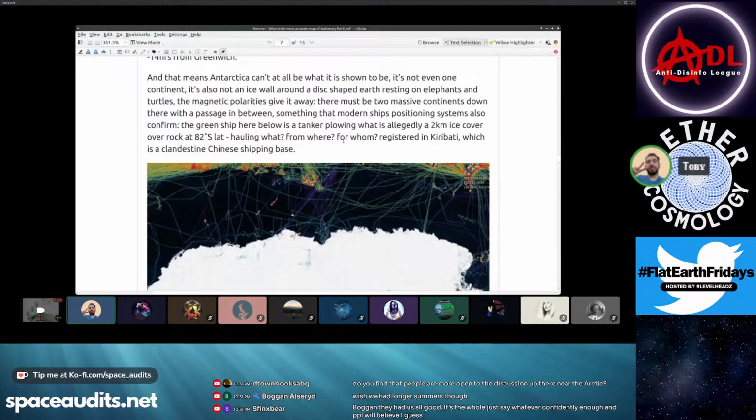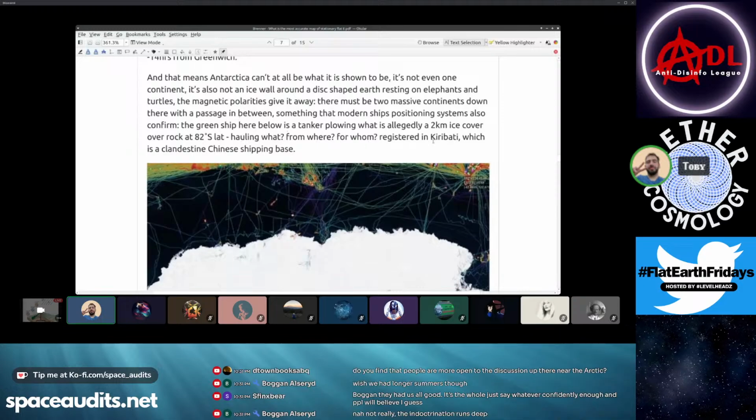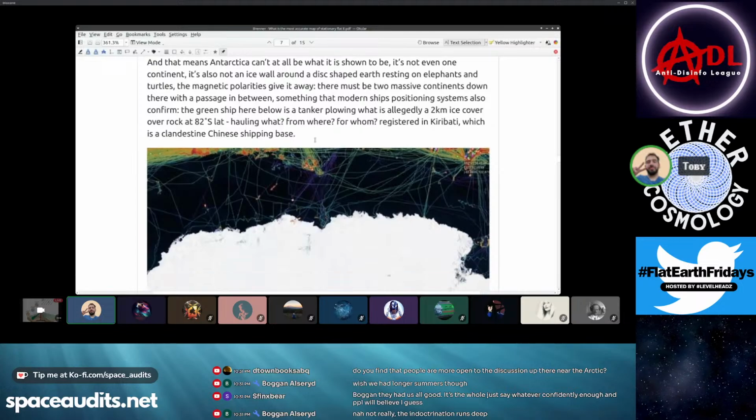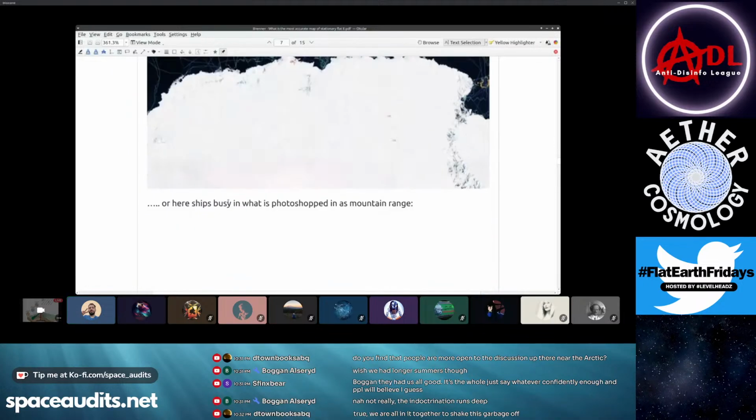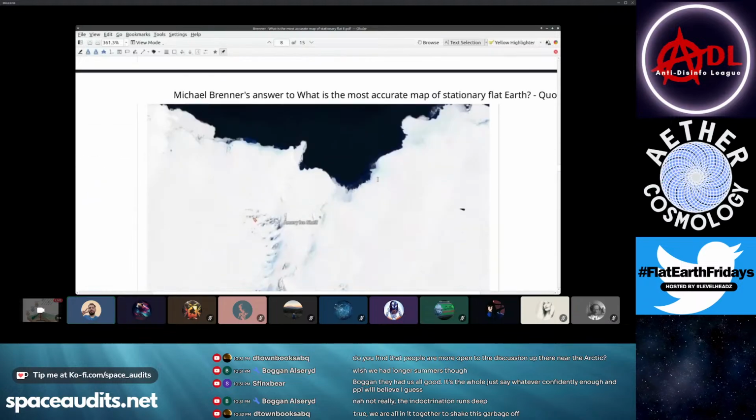Hauling what? From where? For whom? Registered to a clandestine Chinese shipping base. Or here, ships busy in what is photoshopped as a mountain range.